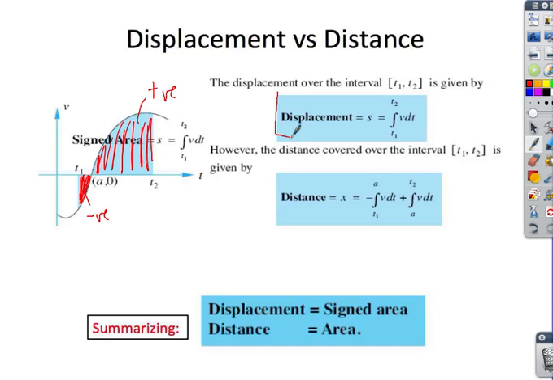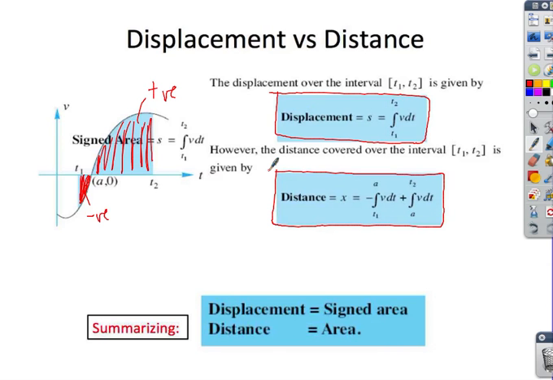So the displacement, like I said, just perform the integral over the entire interval. Let the areas add and subtract from each other as they will. That's fine. For the distance, however, make sure you draw the graph, and then make areas that are negative positive. Take the opposite, like we did here from t1 to a. All right.